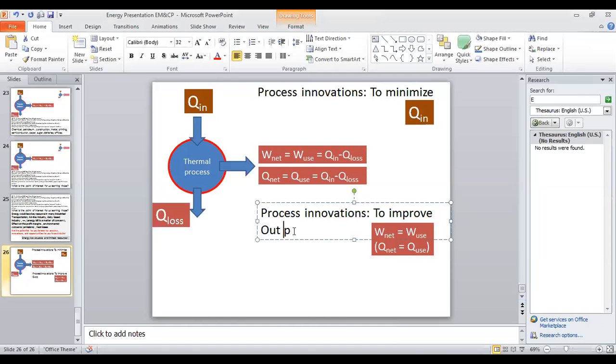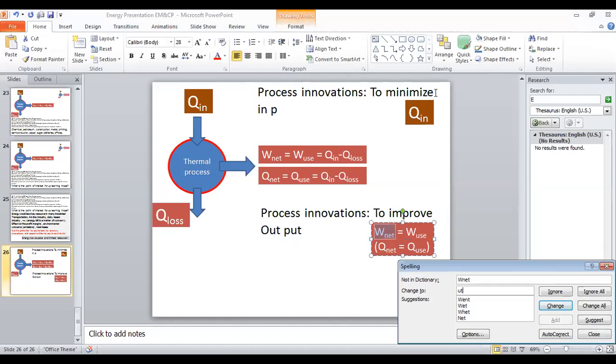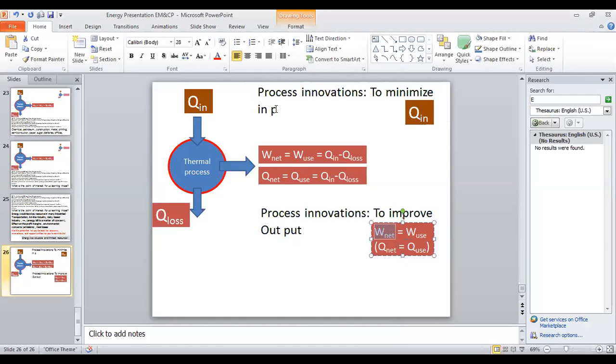Process innovations to minimize input. Input could be a single word, output could be a single word. So you improve output or minimize input.